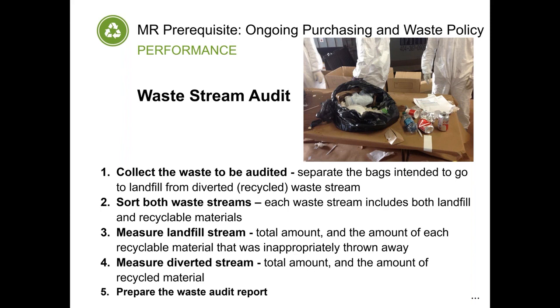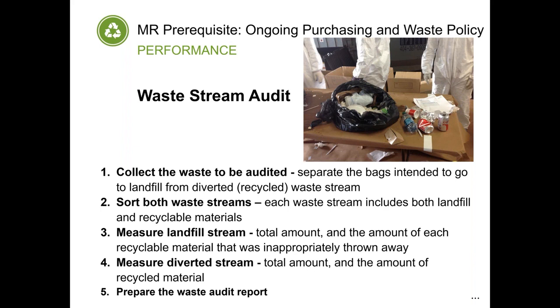But essentially, what you are doing for a waste stream audit is you're looking at the waste that's compiled in your building for a 24-hour period. All that waste is collected and it's sorted. So you're looking at your trash stream and your recycling stream, and it's sorted by material type. Think your paper, your plastic, your glass, so on and so forth.